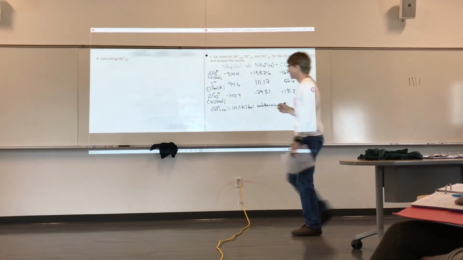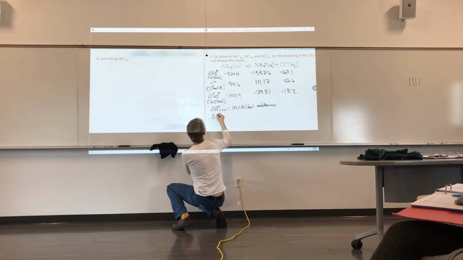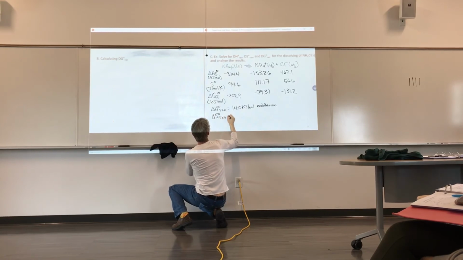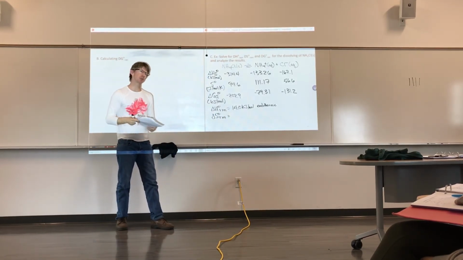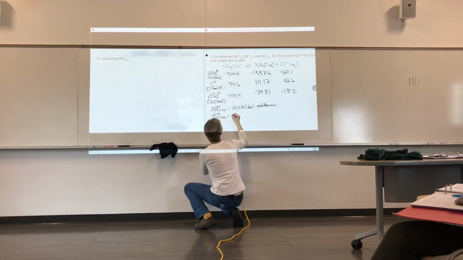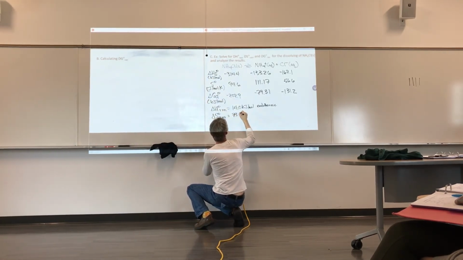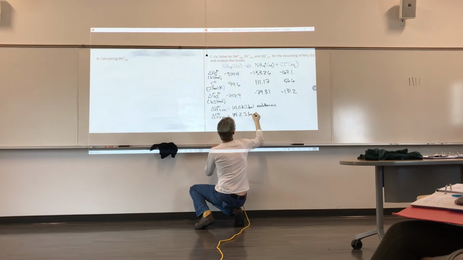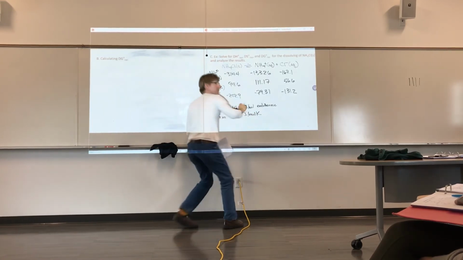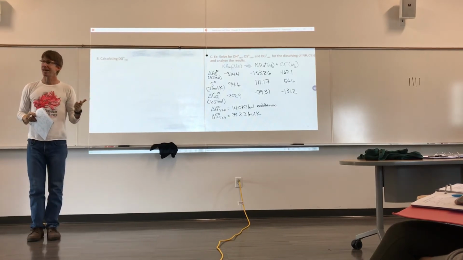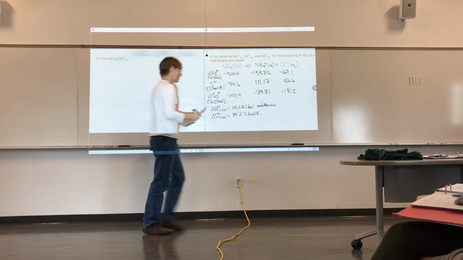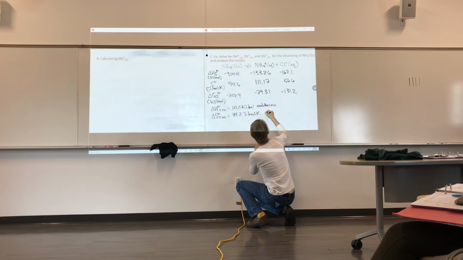Now let's do delta S naught reaction: 73.2 joules per mole Kelvin. Does entropy decrease or increase? Entropy increases. That does tend to be spontaneous.